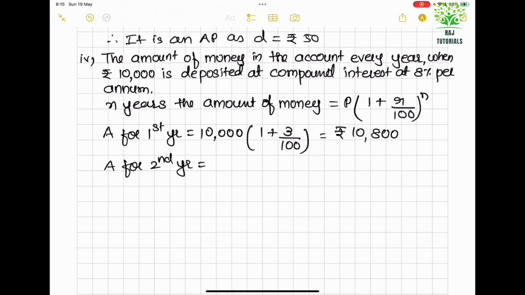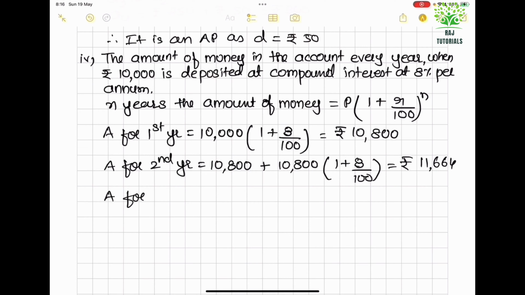Now, the amount for the second year. The amount for the first year will be the principal for the second year. So 10,800 plus interest on 10,800, so 10,800 into (1 plus 8 by 100). So that is coming to 11664.